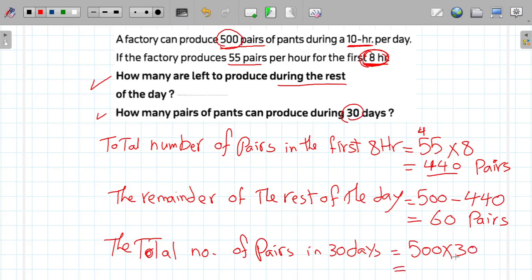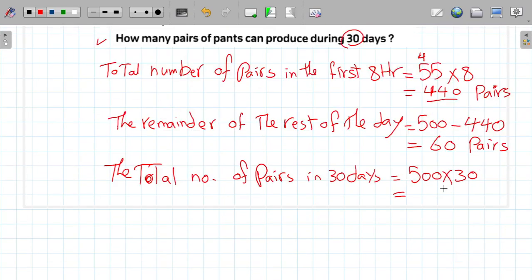Okay, so I have 3 zeros, so I will write 1, 2, 3 zeros, and 3 by 5 equals 15. So in 30 days, the factory can produce 15,000 pairs of trousers. Okay?